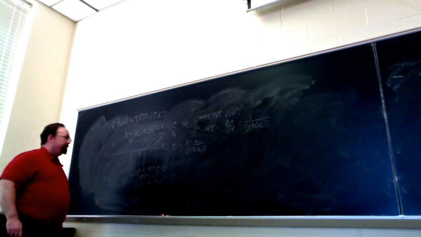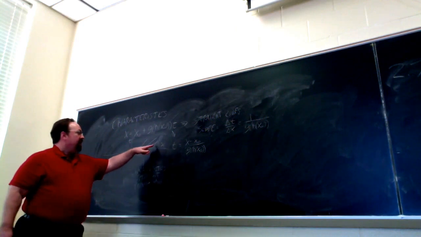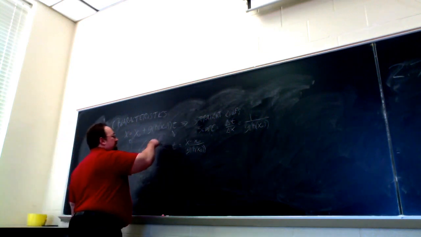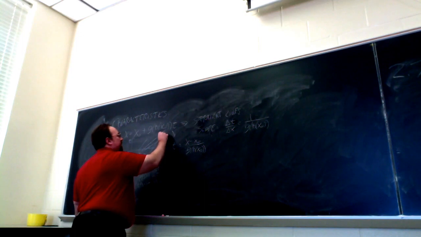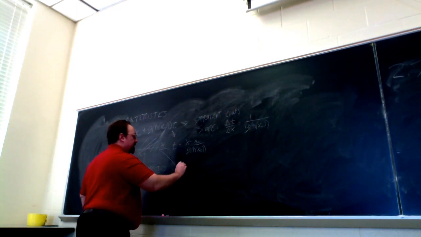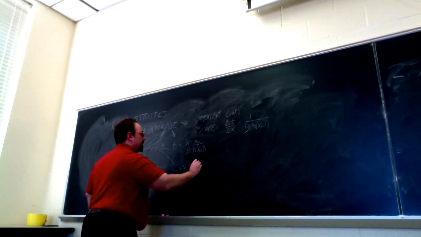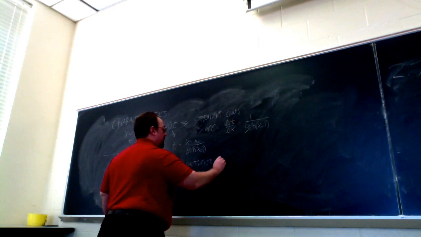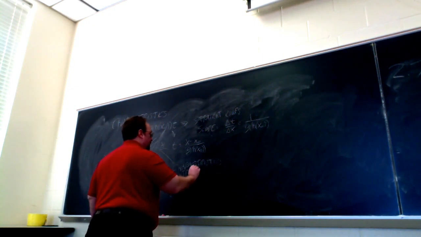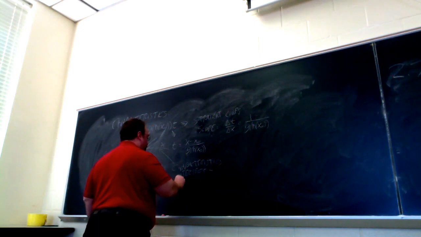Whereas over here, the characteristics change slope in such a way that they might collide with one another. If I were to keep going, these would eventually meet at some point. That's called a compression wave.